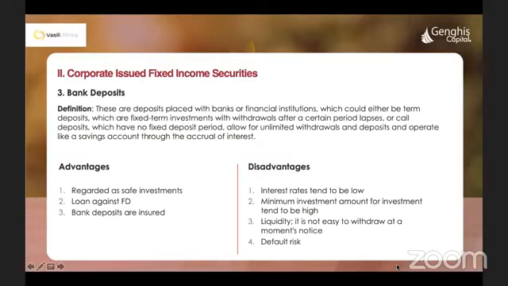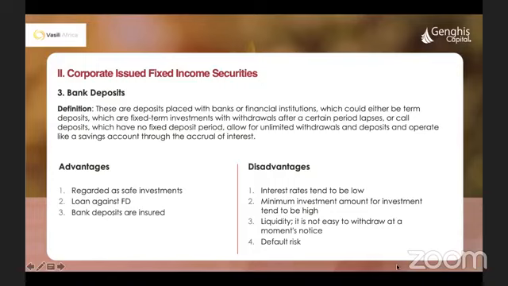They're usually regarded as safe because banks are among the most heavily regulated institutions in Kenya. So people tend to be comfortable putting their money in banks, especially the banks that are called tier 1 banks. Again, these are just loans that you are giving to the bank for the bank to run their affairs, then they pay you back your money plus the returns.